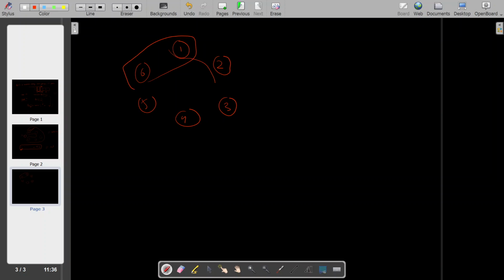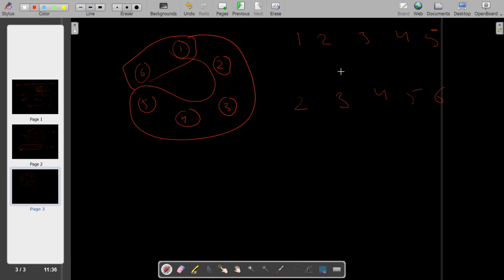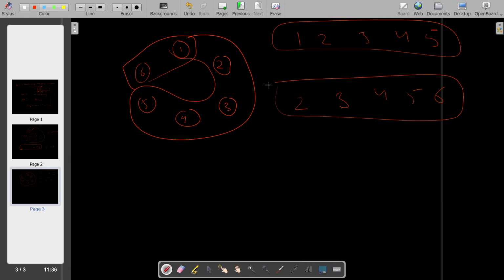So what we will do is create two arrays: 1, 2, 3, 4, 5 and 2, 3, 4, 5, 6. Now do the same thing as in the last problem for these two arrays. Since there is no 1 and 6 together, we don't need to handle this case. We get an answer from each and maximize that.